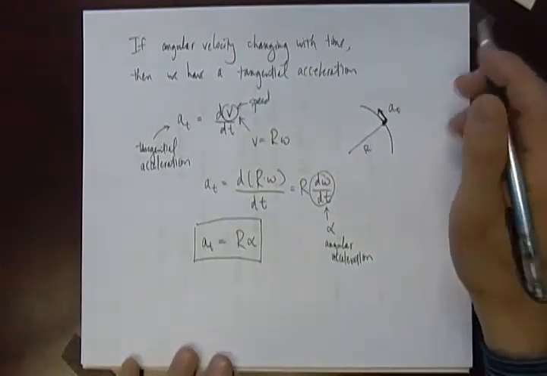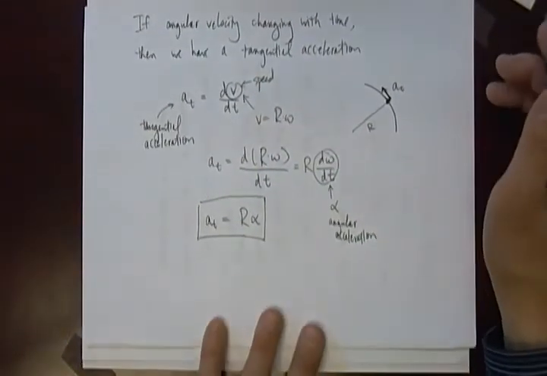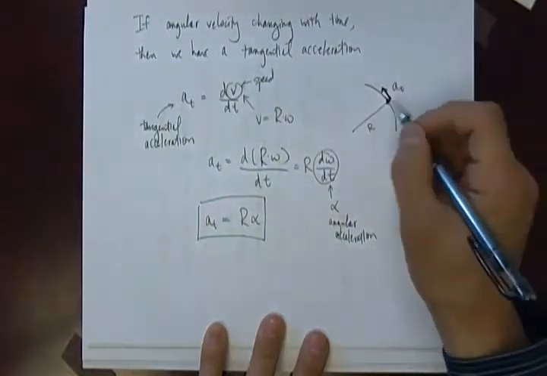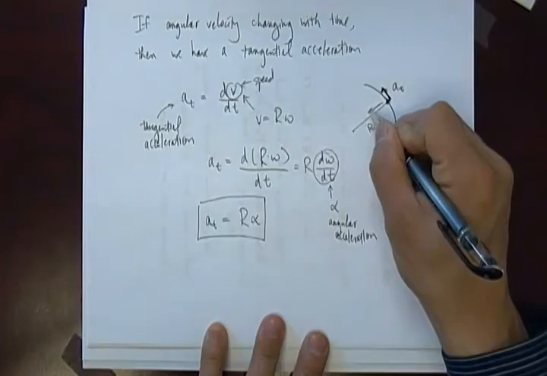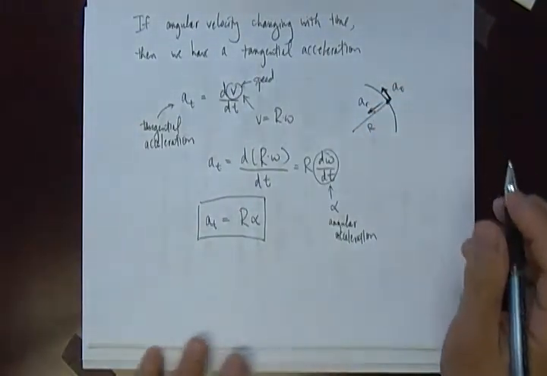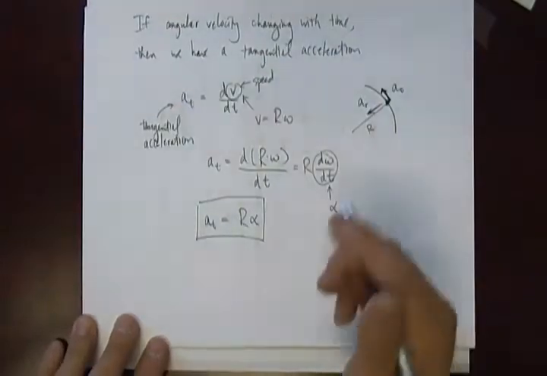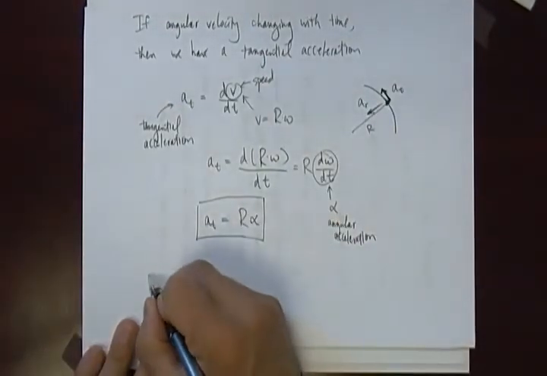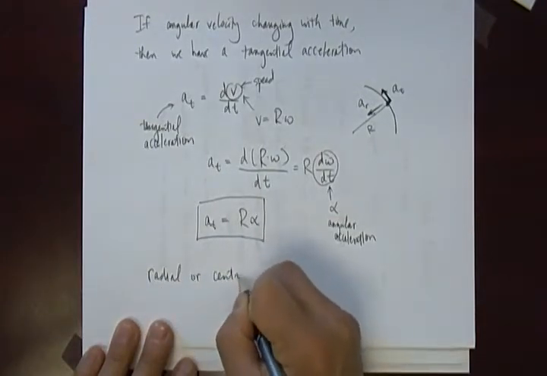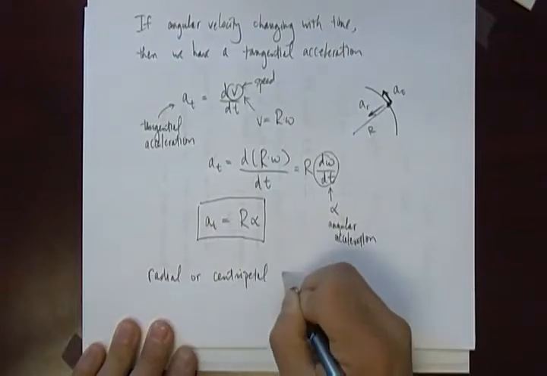Okay, but to complete the question about acceleration, this is just the tangential component of the acceleration. There's also going to be some radial acceleration. This we already know as the centripetal acceleration.